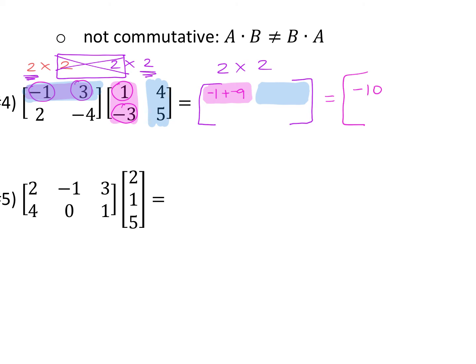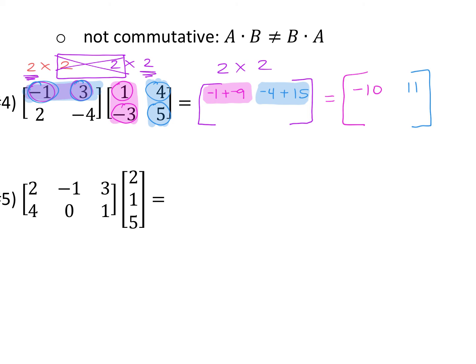So it's going to be -1 times 4 is a -4. And then 3 times 5 is 15. And we always add them together. Okay, you always multiply and then add those two things. So -4 plus 15 is going to give us an 11 over here.